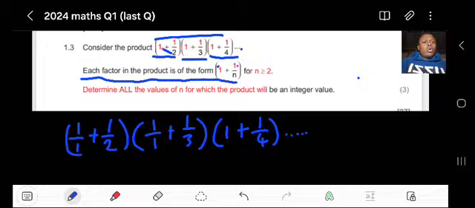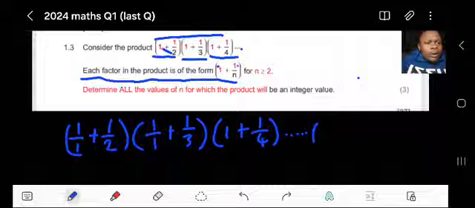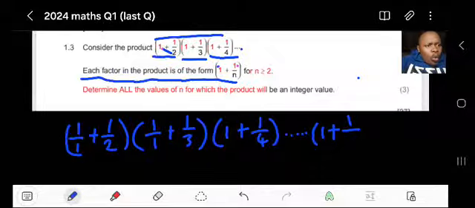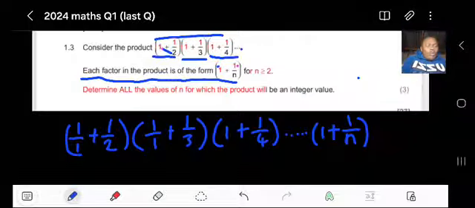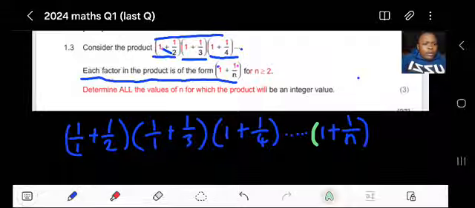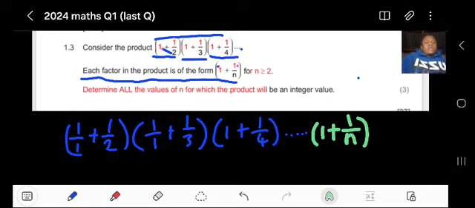We don't know this last one here, but we know the format is this: constant plus 1 over n. I don't know what n is here. We are not given it, and there's no magic. We don't know where we will find that.